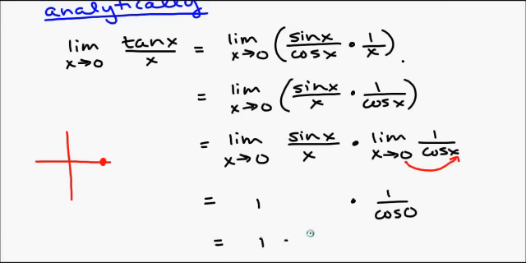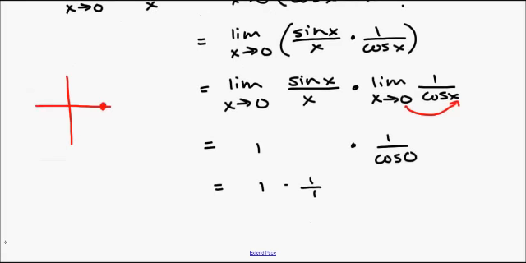So 1 times 1 over 1, which is 1. So analytically, we confirmed what we suspected from the graph, and that is the limit of the function tan x divided by x as x approaches 0 is equal to 1.